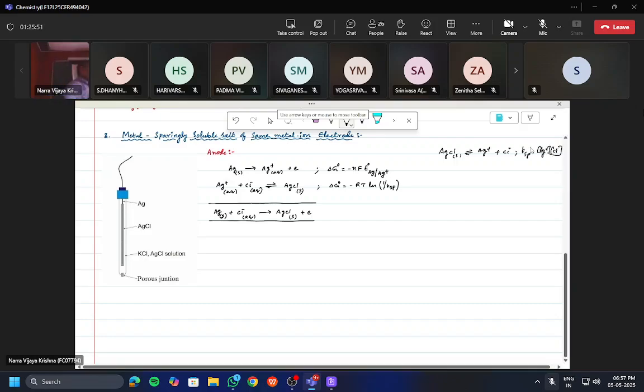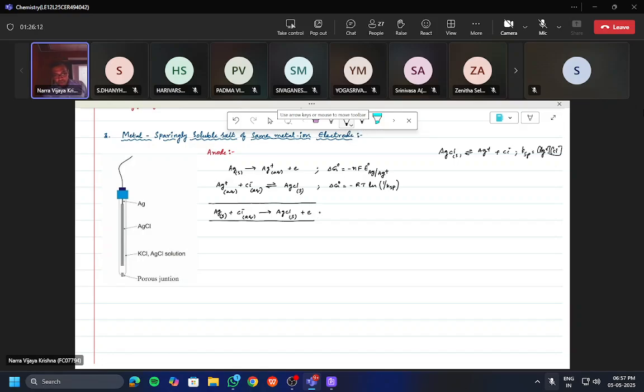But this reaction is the reverse of that reaction. That's why instead of KSP, I wrote 1 upon KSP. Delta G is equal to minus RT ln K equilibrium, and instead of K equilibrium I write KSP. As I am taking the reverse reaction, I write 1 upon KSP.